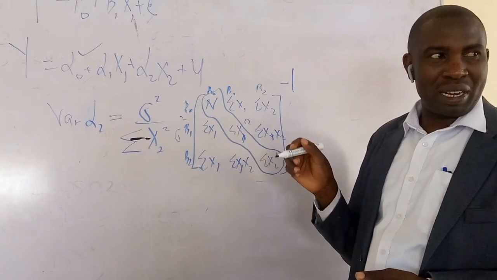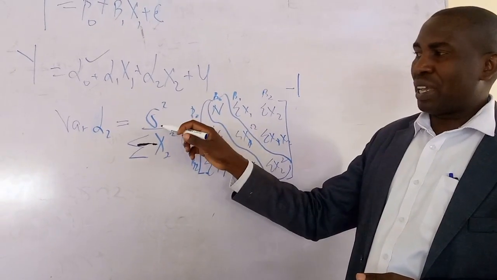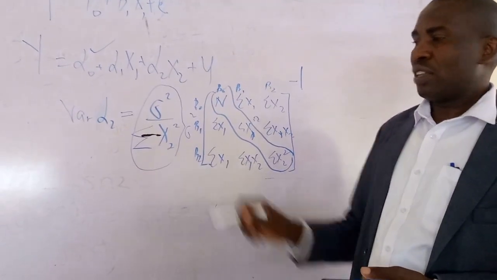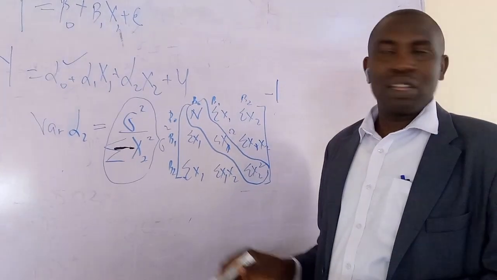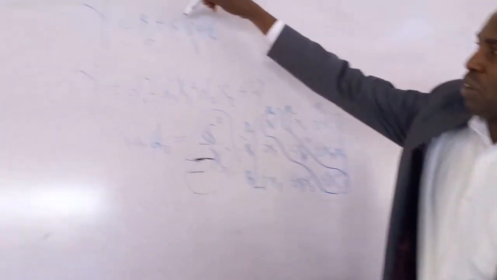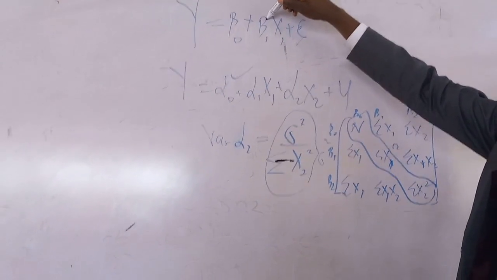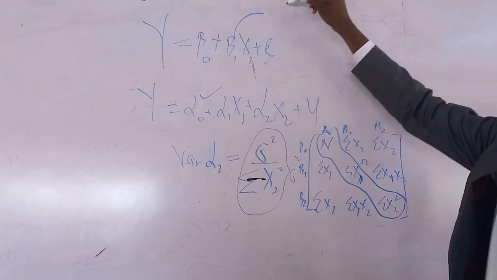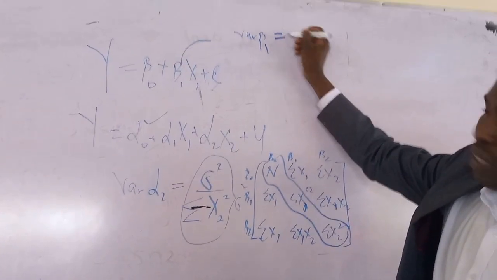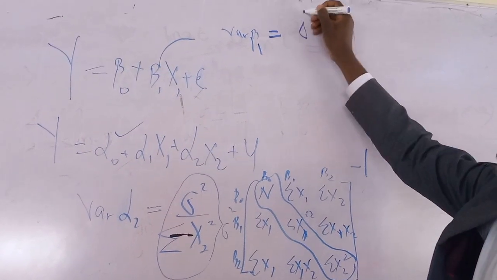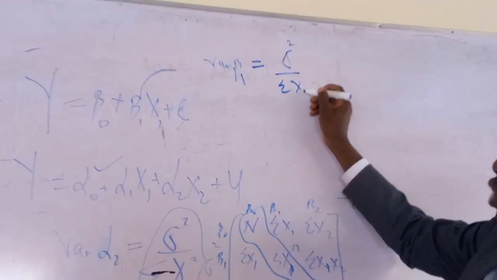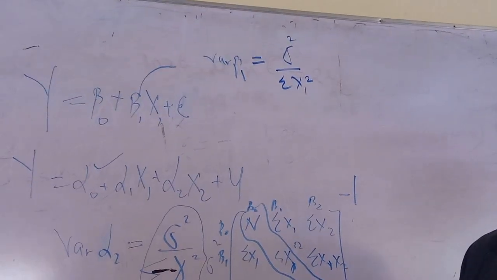So for you to understand it better, the variance of beta 1 will be sigma squared over summation of x1 squared, if it was the correct model.